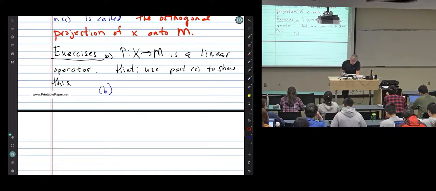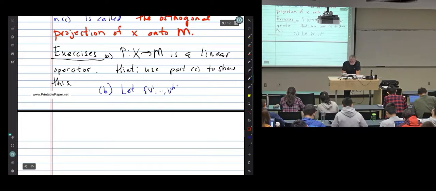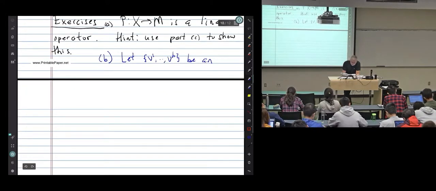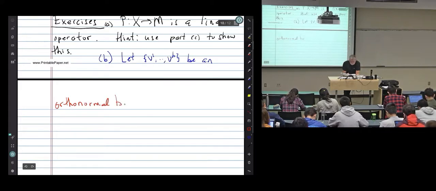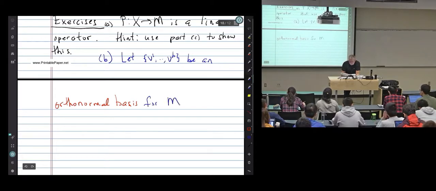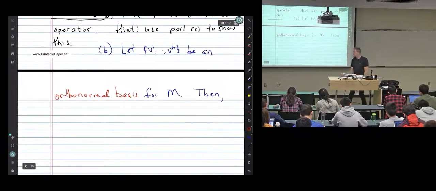But let v1 to vk be an orthonormal basis for M. Okay.